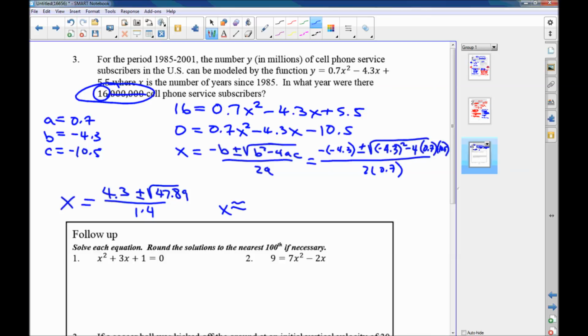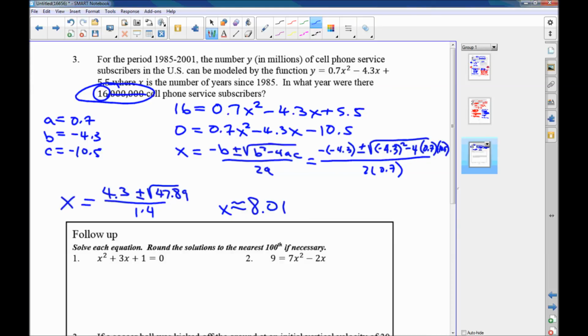Okay, so we're going to do 4.3 plus the square root of 47.89. That gives me about 11.22, and then I'm going to divide that by 1.4. So one possibility is about 8.01 years later. Okay, so we'll check the next one.